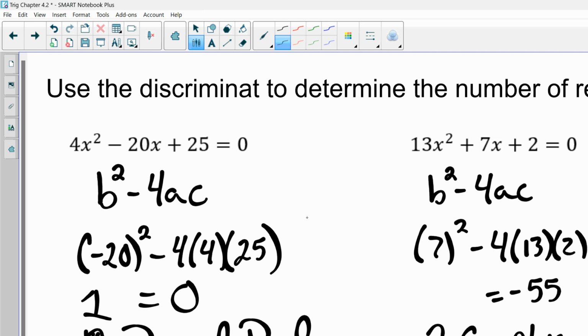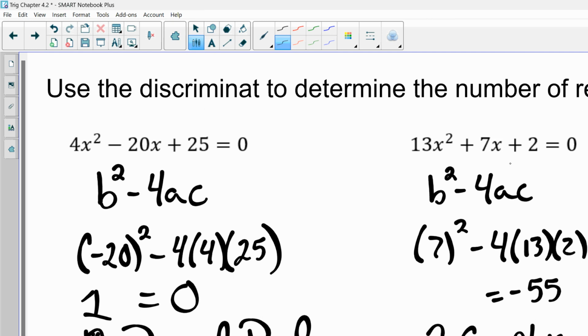The last one, 5x squared minus 8x. B squared minus 4AC. Our B would be negative 8. Our A would be 5. And what would C be? Since there is not a constant term, a number without x being added or subtracted from our 5x squared and negative 8x, it is 0.